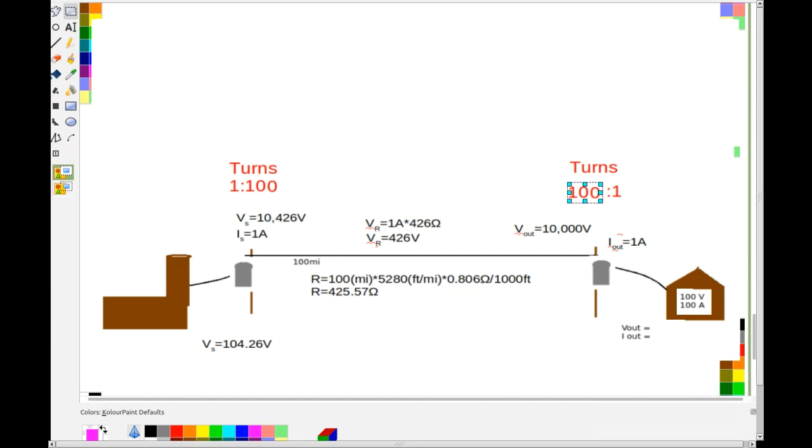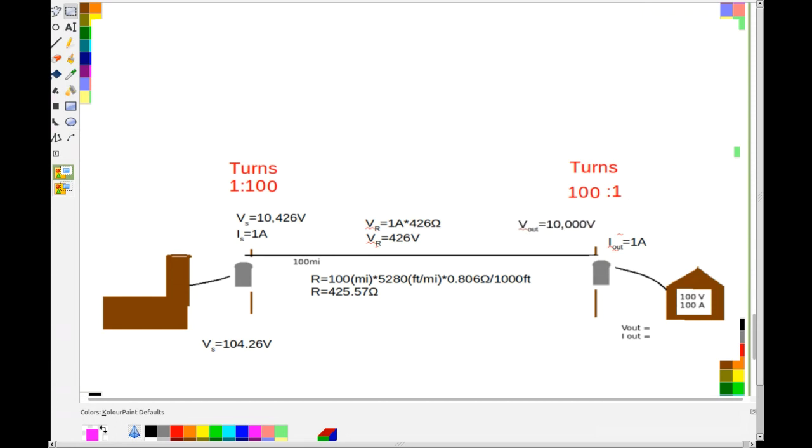So what's going to happen, it's a 100-to-1 transformer. So I've got 100 volts on my side of the house, but on the other side of that transformer, the voltage is 10,000 volts.